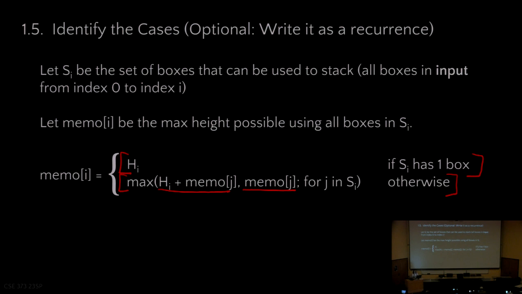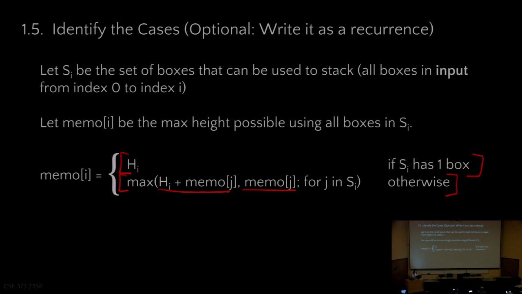Yeah. So for the max, wouldn't h subscript i plus memo j always be greater than memo j? So for the most part, I think, but it also depends on whether the current box, so box i, can be stacked on anything else.